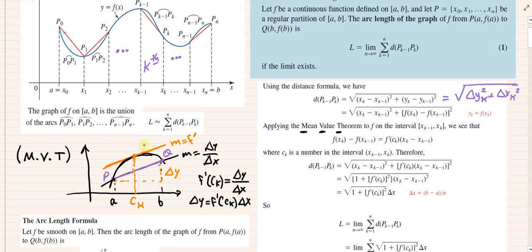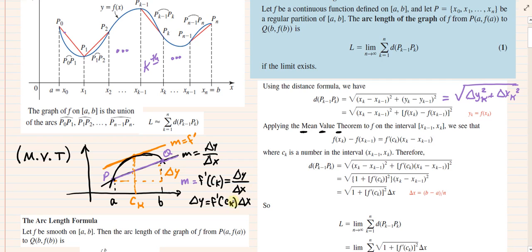Okay, and once we do, for some evaluation point that's going to happen at some point c sub k, right, which we call the evaluation point, inside the closed interval from a to b. Because they have the same slope, well, this is the slope of the line, and the slope of the tangent is going to be the same, right? So m is equal to f prime at c sub k.